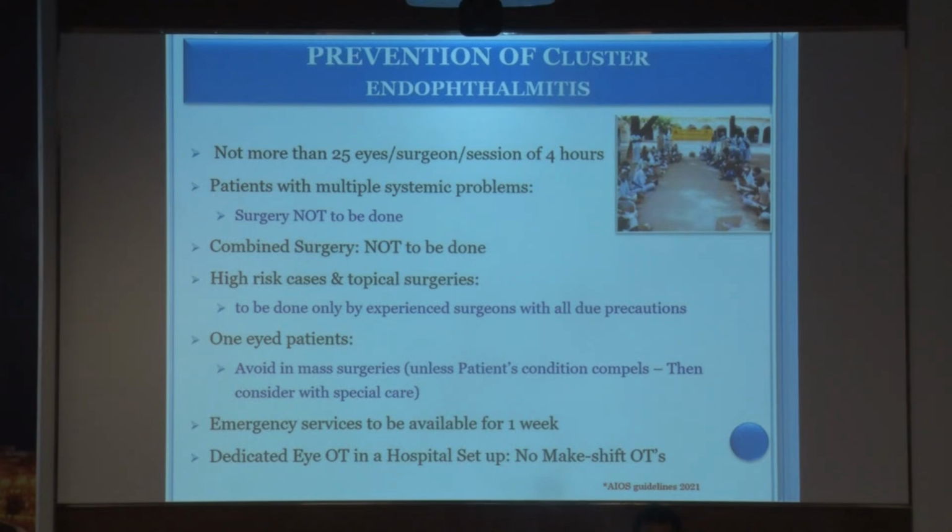Combined surgery should be avoided. High-risk surgery should be done only by an experienced surgeon with due precautions. One-eyed patients should be avoided in mass surgeries, unless it is a hypermature cataract, then you have to take all the precautions, use your best surgeon, use your best equipment, etc.